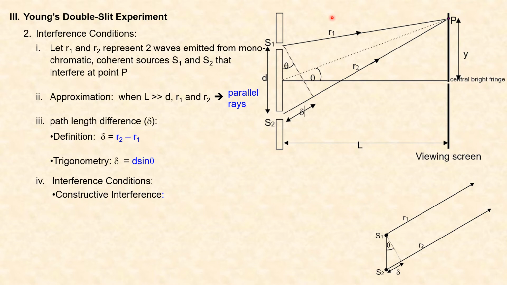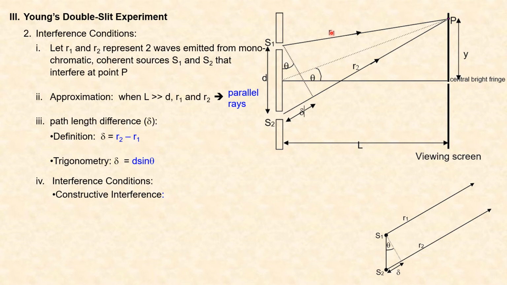They're not being emitted at random times. So for a monochromatic coherent source of light emitted from S1 and S2, if there was no difference in optical path length, no difference in the distance traveled to the screen, since these waves start out in phase and maintain that phase relationship, then they will constructively interfere.